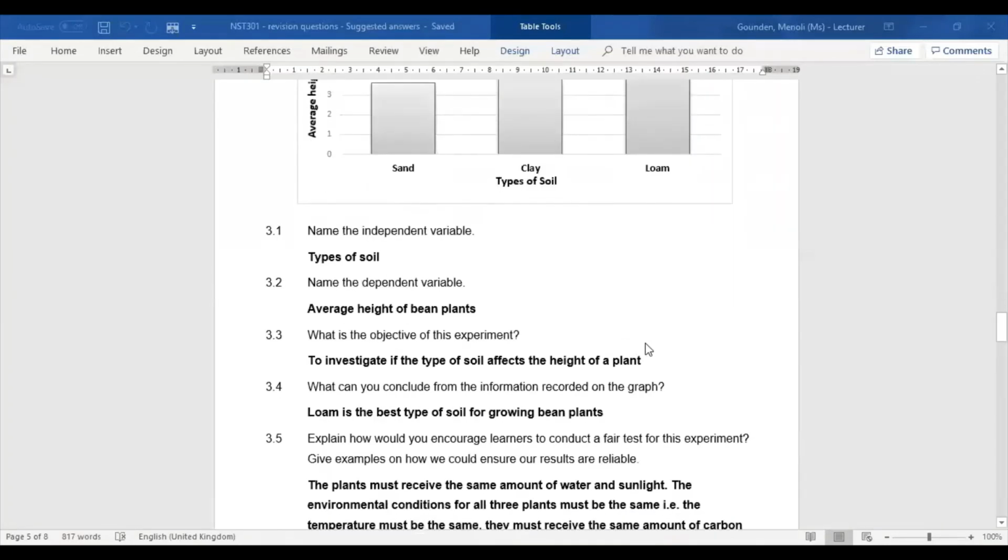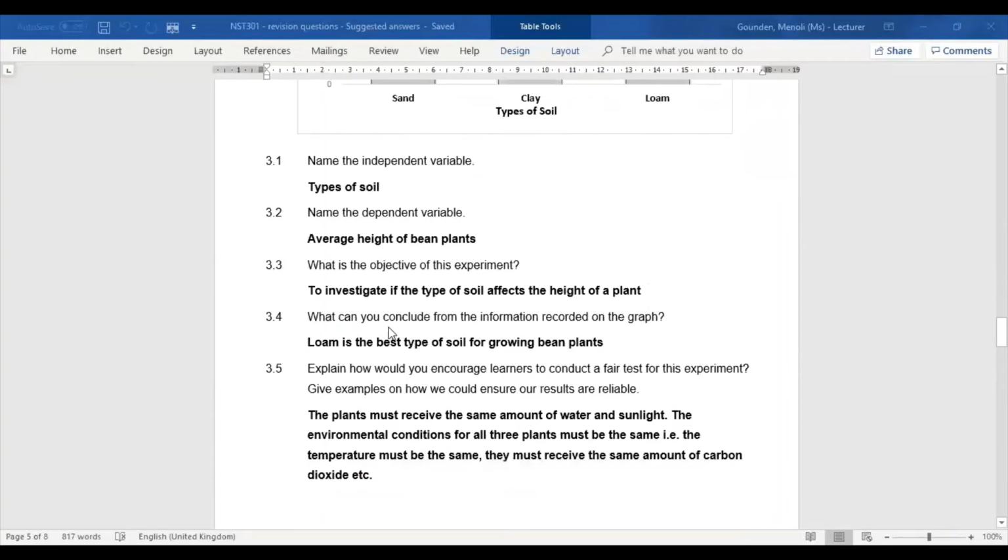So based on the data given on the graph, your conclusion can be loam is the best type of soil for growing plants, or in this case, we grew bean plants.